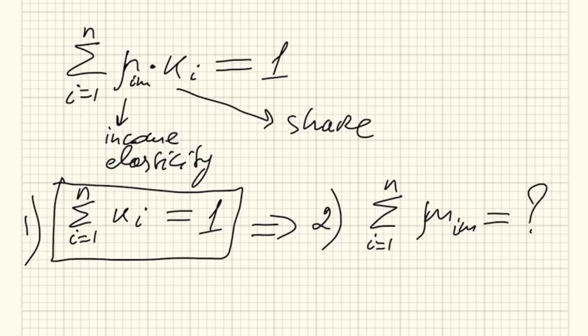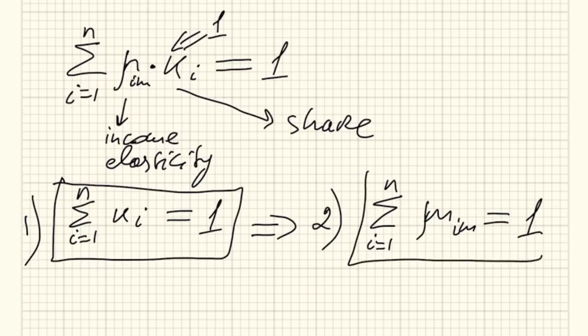Since this is going to be equal to 1, it no longer matters. So given that it is equal to 1, then it's clear that you can conclude that the sum of income elasticity must be equal to 1. That is a very powerful implication.